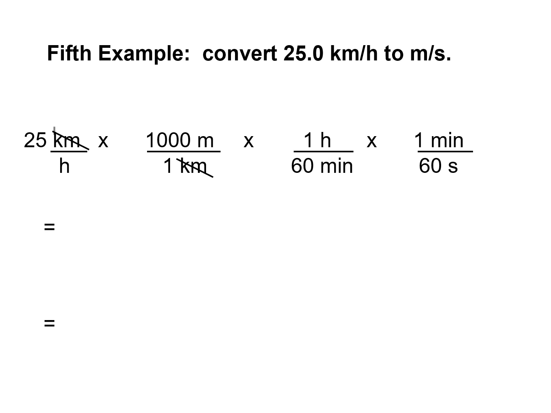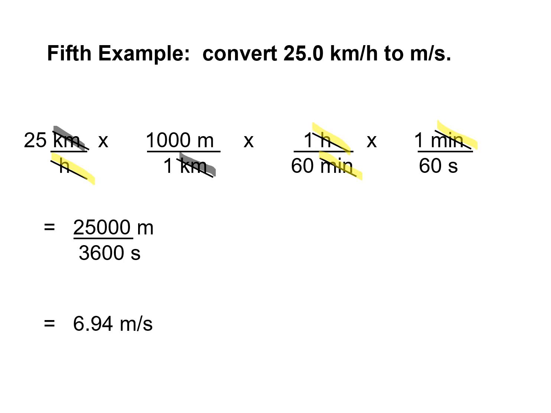Our kilometers are going to cancel, our hours are going to cancel, and then our minutes are going to cancel. So that's going to be equal to 25,000 meters over 3,600 seconds. This is ugly. If we divide it out, it gives us 6.94 meters per second.